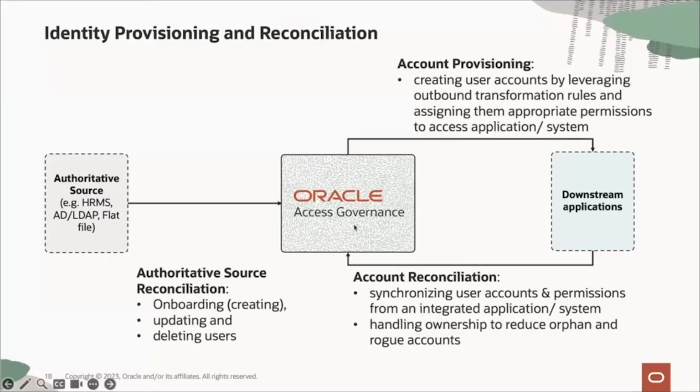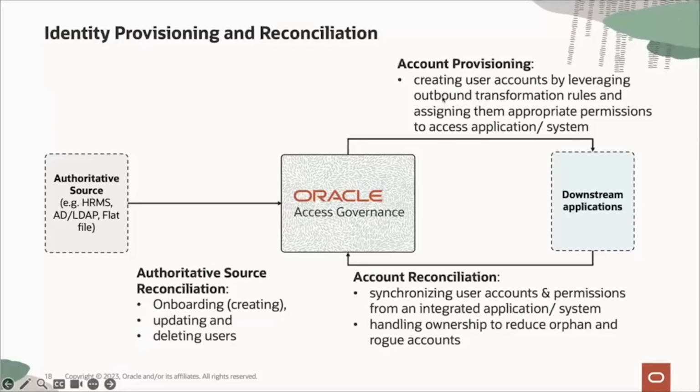So once the users are fetched from various authoritative sources, they could be provisioned to various applications. It could also be reconciled to ensure that there are no challenges. So now, as part of reconciliation, we handle accounts. If they are orphaned accounts or rogue accounts, they can be managed as well.